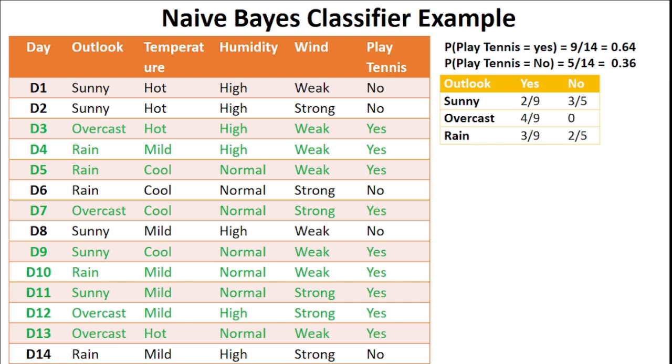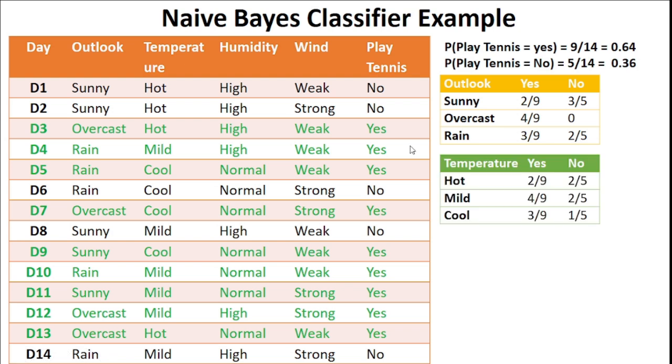How many out of 5 rain conditions come under outlook? Out of 5, 3 say yes, D4, D5 and D10. So it is 3 divided by 9, and for no it is D6 and D14. That is 2 divided by 5 as the probability ratio.